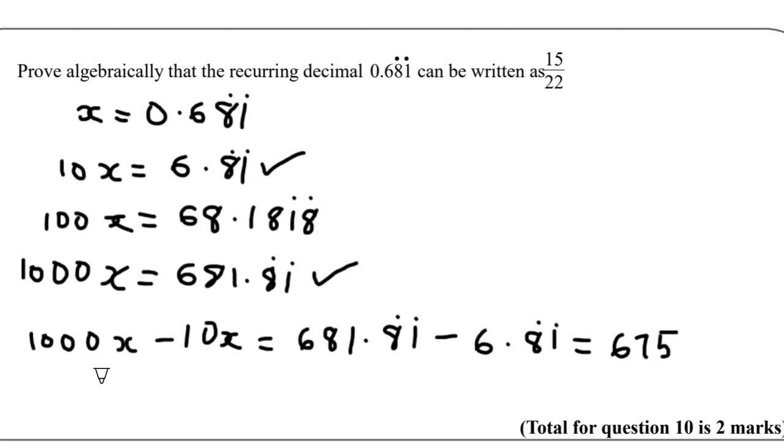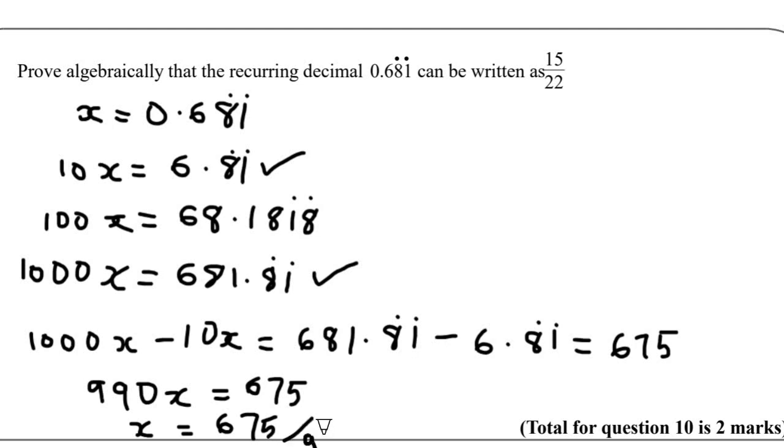And on the left hand side of the equation we have 990x, that equals 675. So x will be 675 over 990.